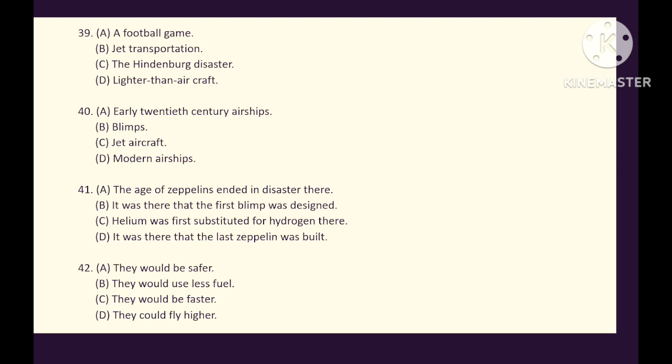Number 39. What is the main topic of this talk? Number 40. Which of the following aircraft is classified as non-rigid?